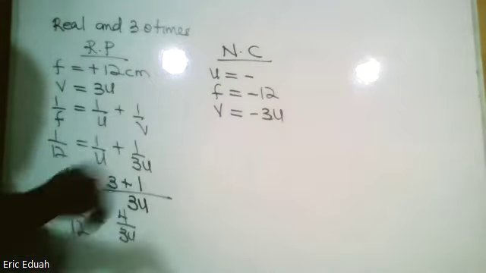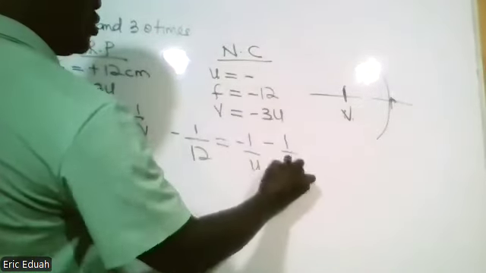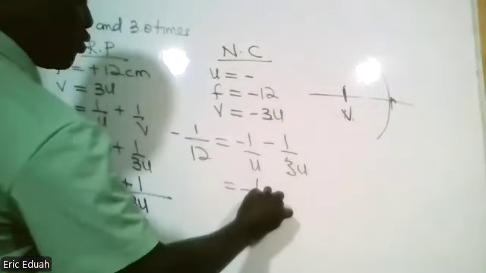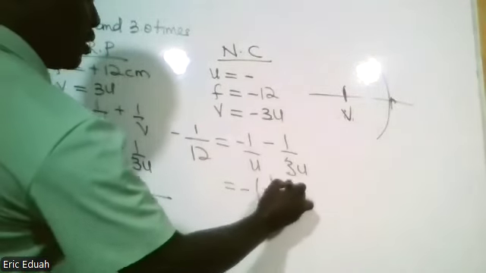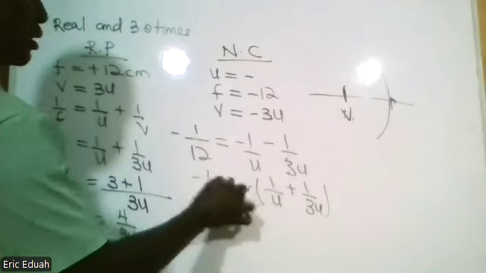So when you substitute, minus 1 on 12 is equal to minus 1 on U minus 1 on 3U. On the right hand side, I can factorize out the negative. So I have 1 on U plus 1 on 3U, and the minuses will cancel out.